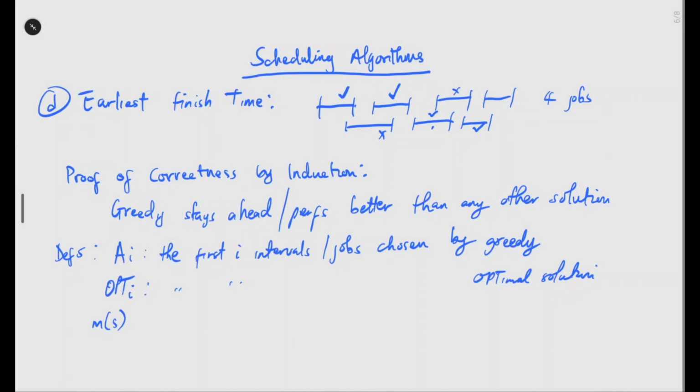goodness in this scenario? For this scenario, we can say that the finish time of the last interval by our greedy is shorter, right? If the finish time of the last job done by greedy is shorter than the other jobs, it means our greedy is doing better.